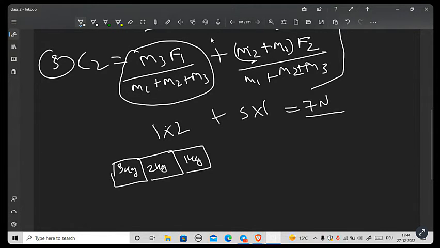These 3 blocks are there. And I'm saying I have to calculate the contact force between these 2 blocks. And there was an external force F1 and there was an external force F2. Okay.